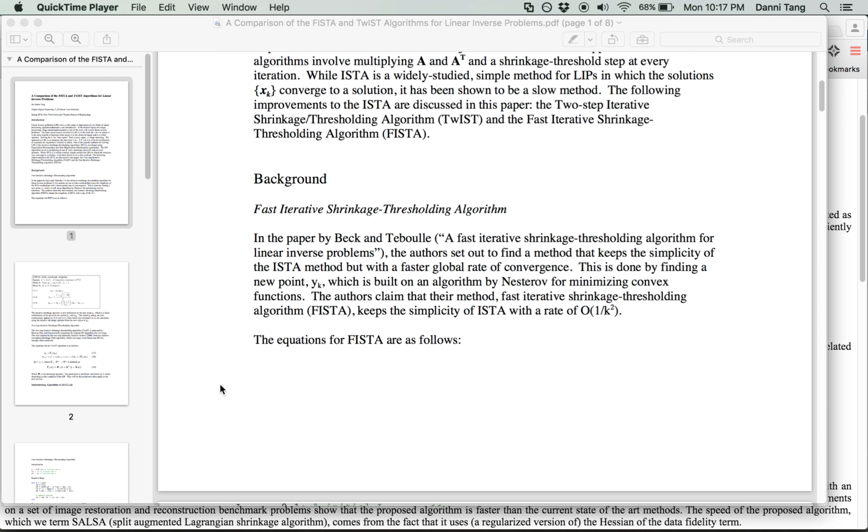They have different equations, which are then implemented in MATLAB, so we can see if they truly are faster, or maybe if they're better at denoising the images as well. But the main thing is to see if the convergence is faster than the original ISTA algorithm.